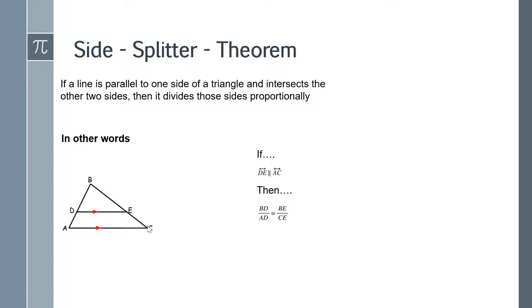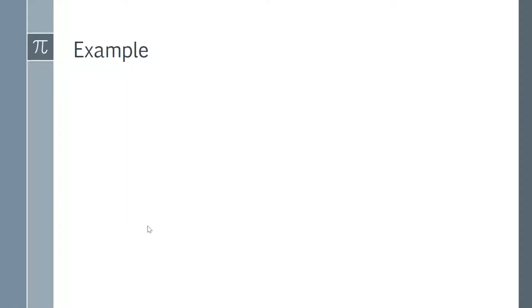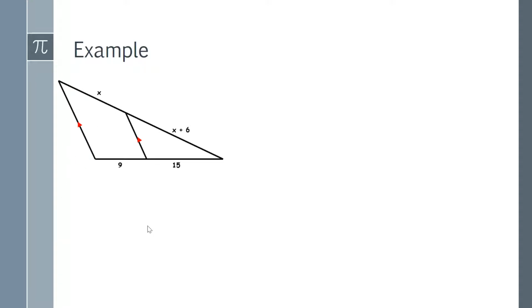So let's take a look at an example of how this is applied. Here is our triangle, and we've got a set of parallel sides here, so we know we're going to use the Side-Splitter Theorem. So we're going to set up a proportion with x over x plus 6, and then 9 over 15.